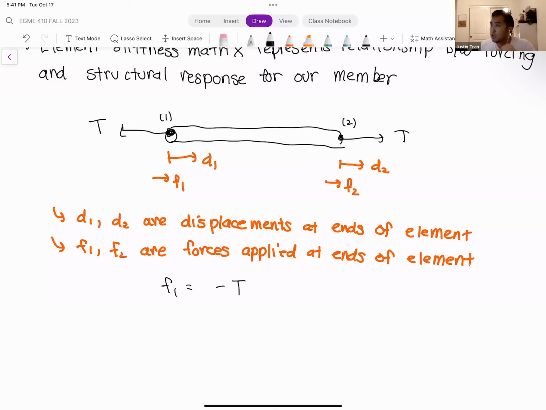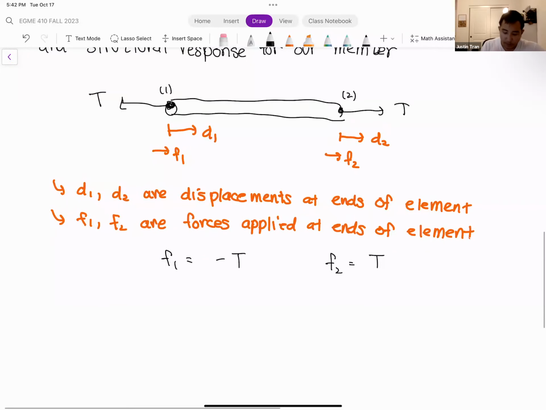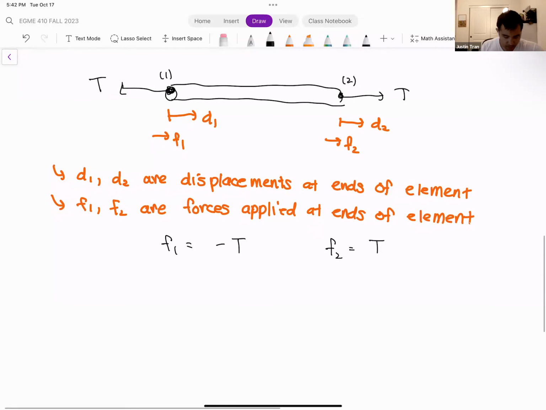Since the force on node 1 is being applied to the left, that's equal to minus T. And F2 here is equal to T, because the force being applied on that node is a positive one. So let's stash that away for later, once we have a force-displacement relationship.